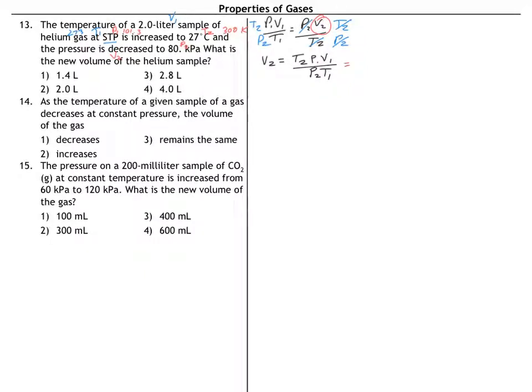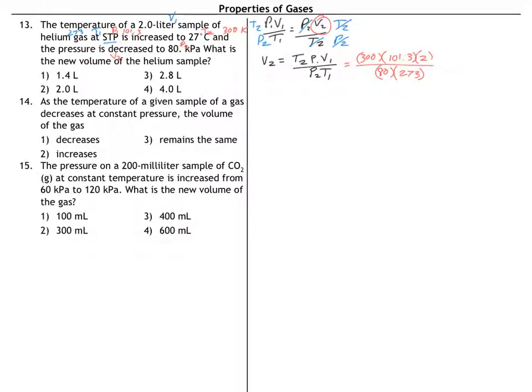And now we just need to plug in what we know. So temperature 2, I decided was 300 Kelvin, and pressure 1 was 101.3 kilopascals. Volume 1 was 2 liters. Pressure 2 is 80 kilopascals, and temperature 1 was 273 Kelvin.